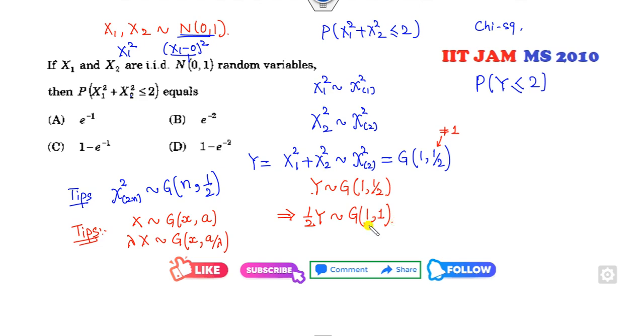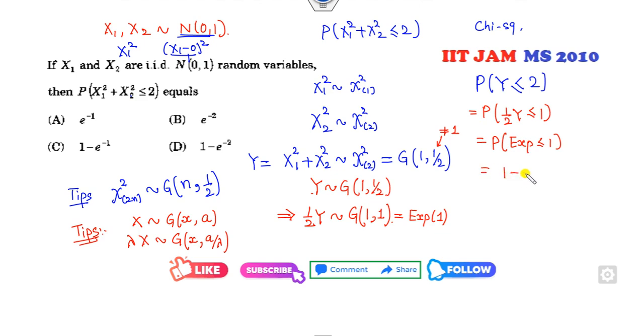Now I can make them into half of Y. So if I divide by half on both sides, it is less than or equal to 1. Fine. So that means this is the gamma distribution of 1 comma 1. So you know what the gamma distribution of 1 comma 1 is? It is basically the exponential distribution with parameter 1.